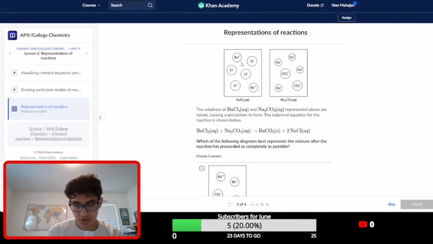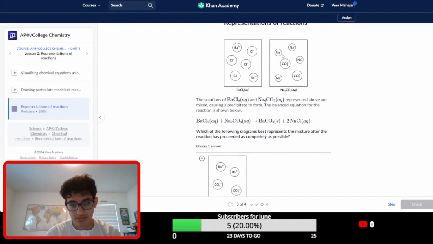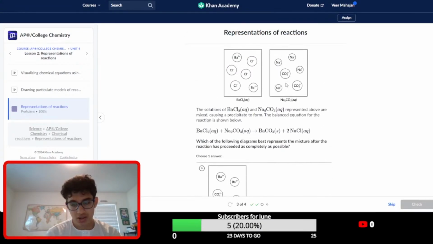They're mixed, causing a precipitate to form. Okay. How many sodium chlorides will be made? One, two, three, four. So they cancel out, and we're just left with... Yeah, so that will be a solid. Wait, no, no. What will be the solid? This is aqueous.